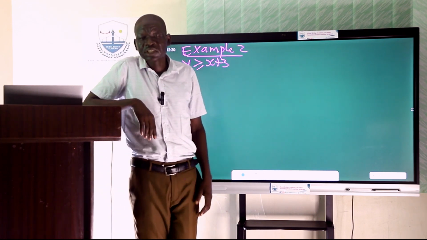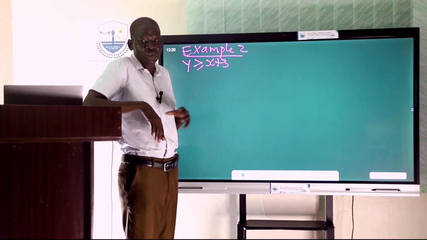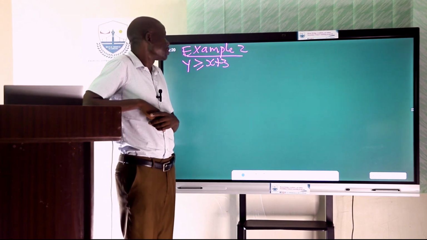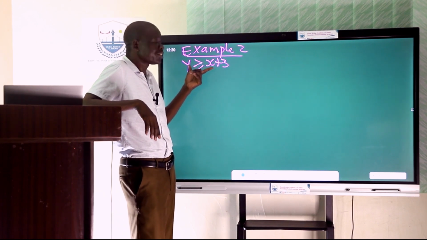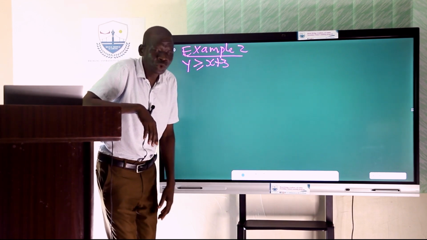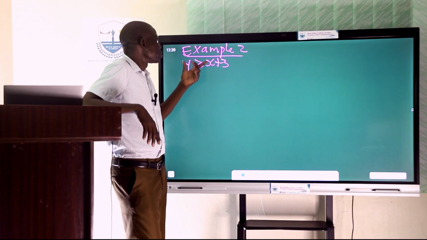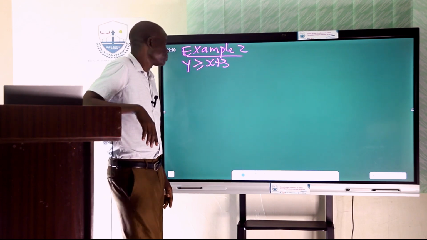The first step is we write an equation for this inequality by replacing the inequality symbol by an equal sign. So we are going to write down the equation for the boundary line.